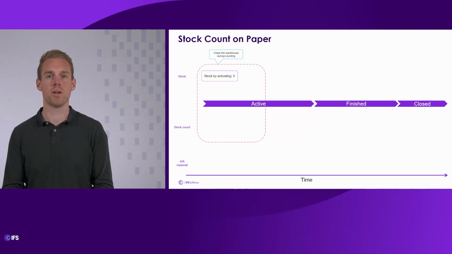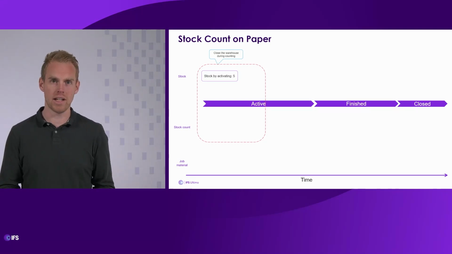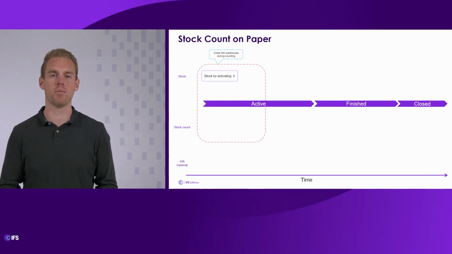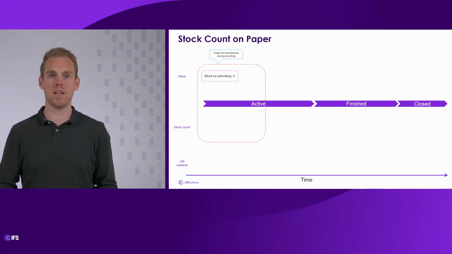So for example, if I want to count in a specific lane or specific rack, I have to block that specific rack or lane, because I fill it in on paper and not in Ultimo directly. So it's already old information if I fill it in on paper. That's why the warehouse should be closed.